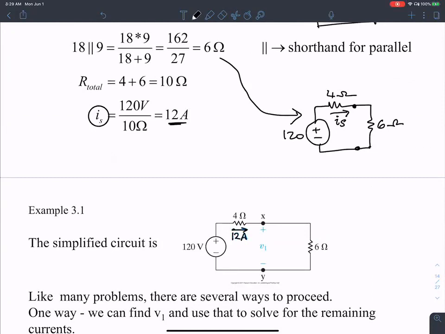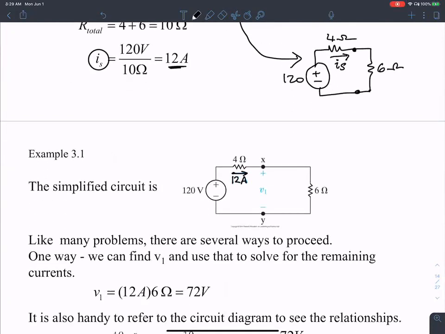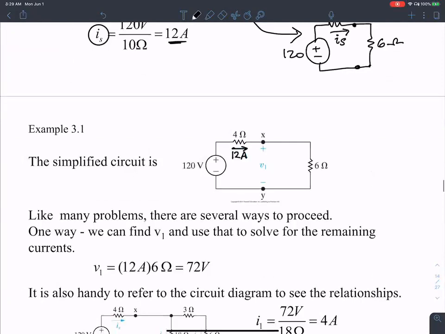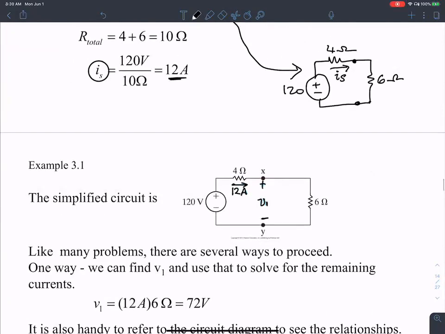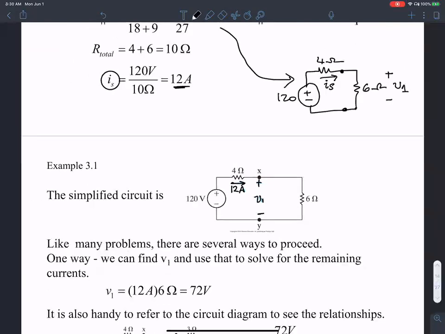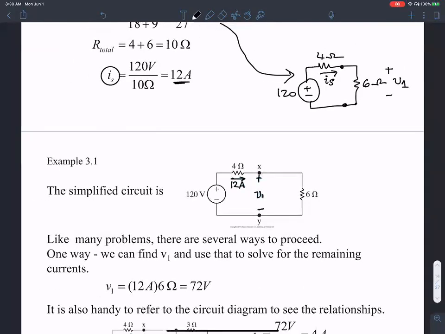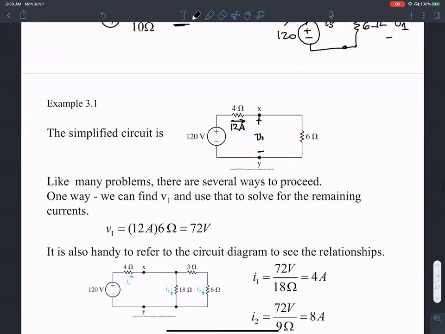Now, from that, I should be able to find the value of voltage V1 over here, of this equivalent branch. There are a bunch of different ways to solve this problem, but we just choose to use this one.